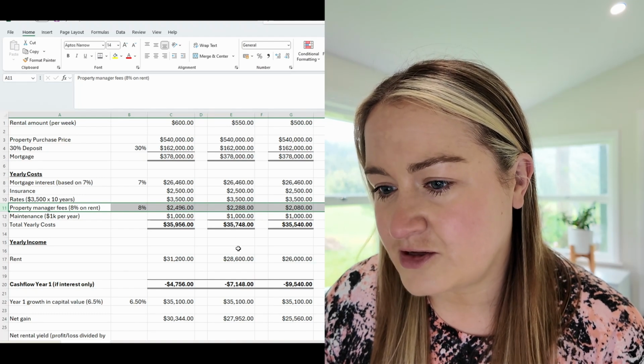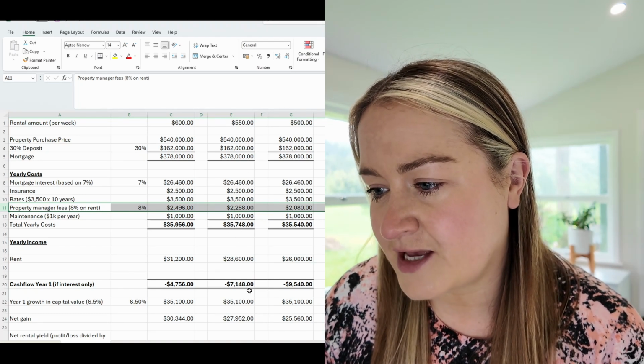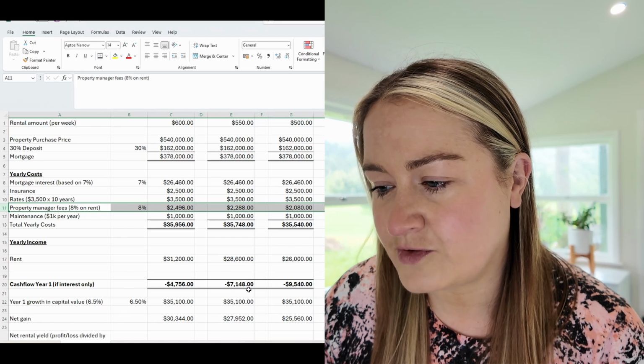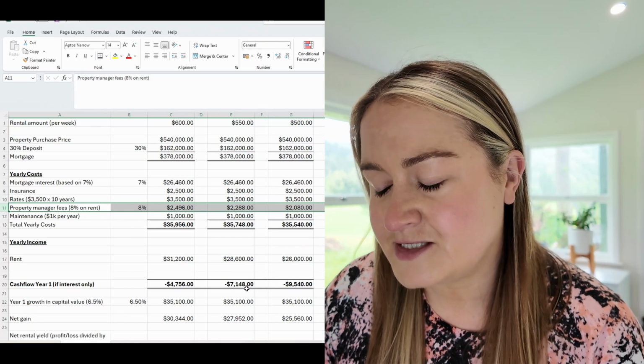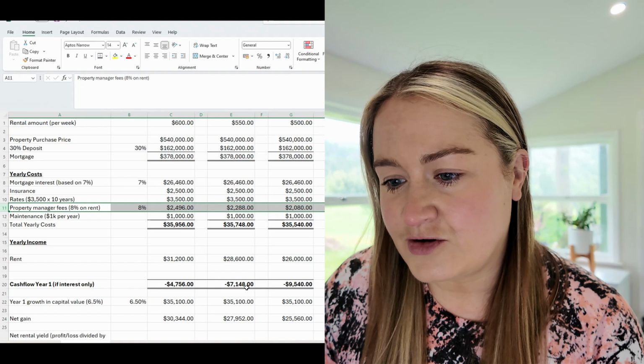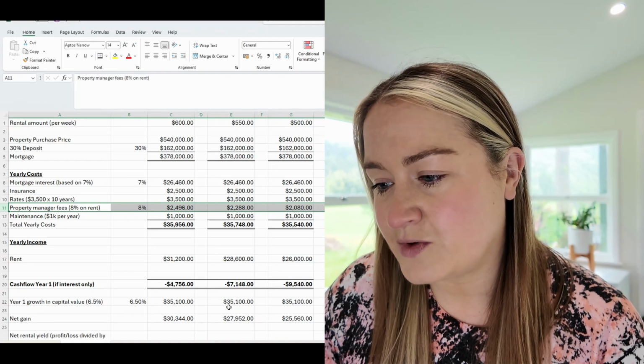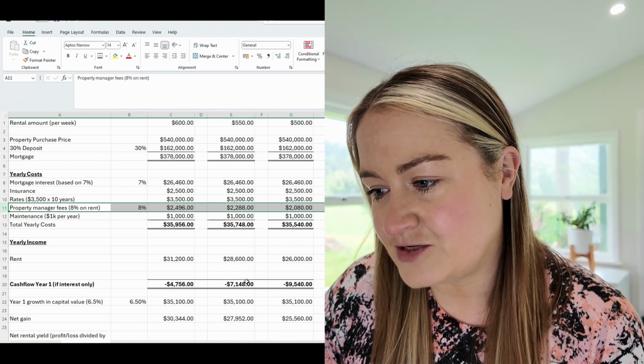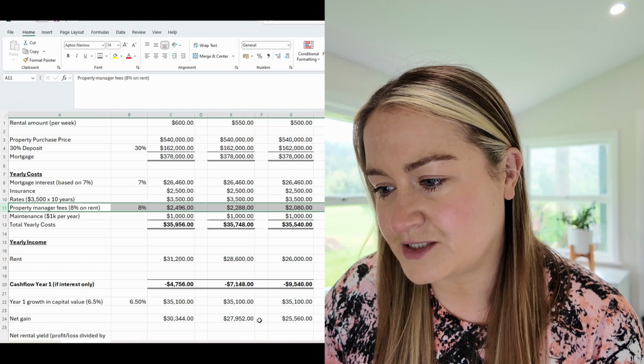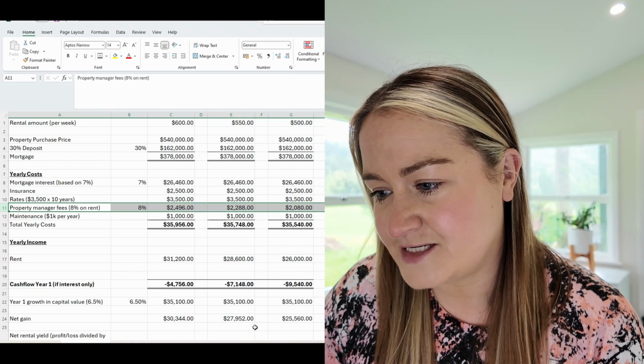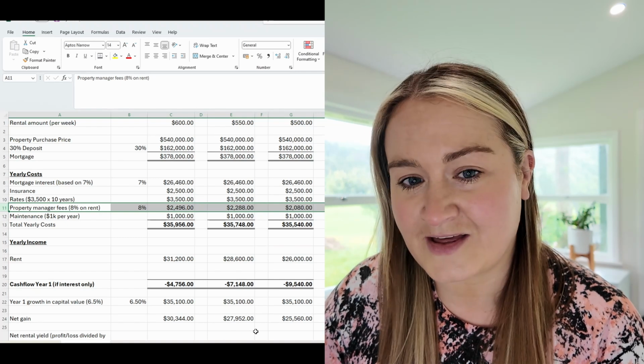So when I take the costs off the rent, I get a loss again of $7,148. So again, is this a bad investment? Not necessarily, because you still have that capital gain of $35,100, giving you a net gain of almost $28,000.